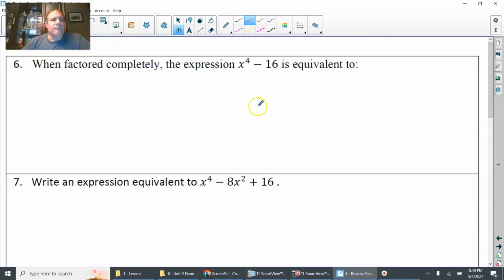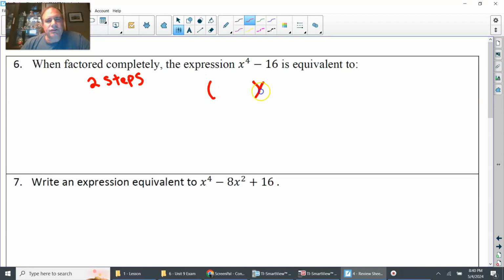Okay. All right, when factored completely, the expression x to the 4th minus 16 is equivalent to what? So that means two steps. We're going to factor this into two binomials, x squared times x squared. Then the difference of squares is happening there.